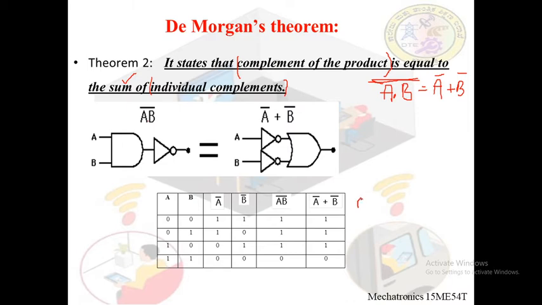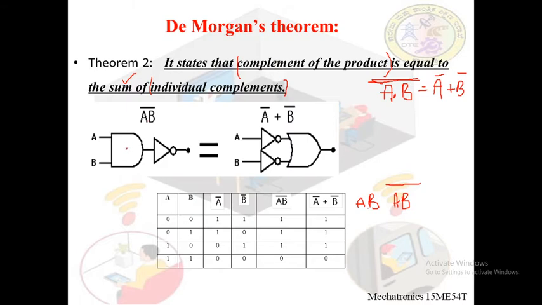Let us find out AB first and later we can find out AB whole bar, because AB whole bar cannot be found out from A bar and B bar. So here we should not get confused. First find out A and B, then transform it into AB whole bar.